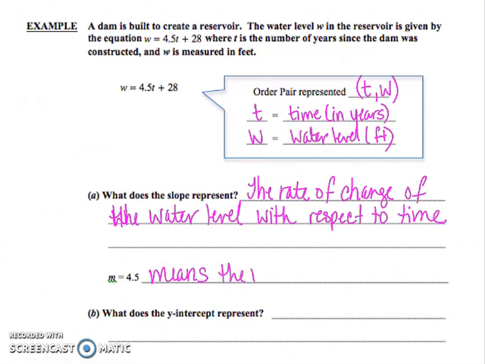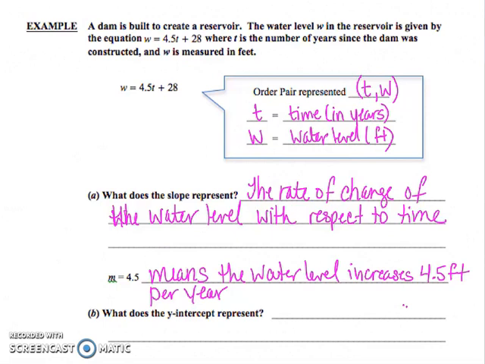Means the water level increases 4.5 feet per year.